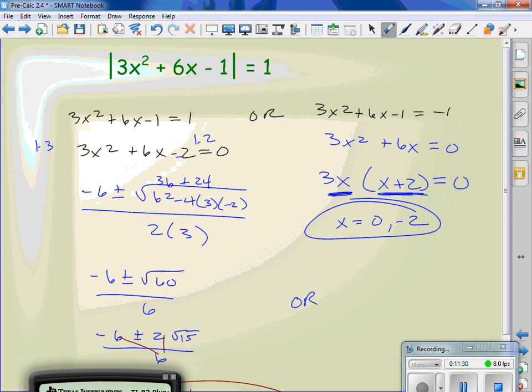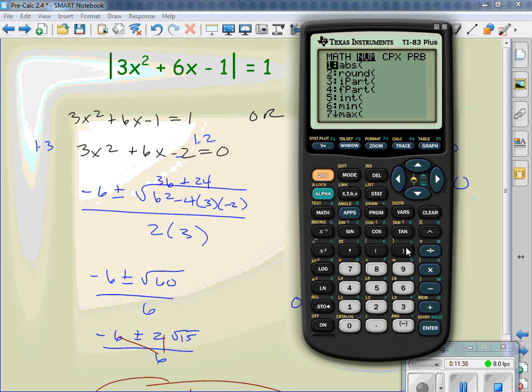So if I went back to this one, math, number, absolute value 3x squared plus 6x minus 1. That's your first one. The second one's 1. How many intersection points do you see there? 1.